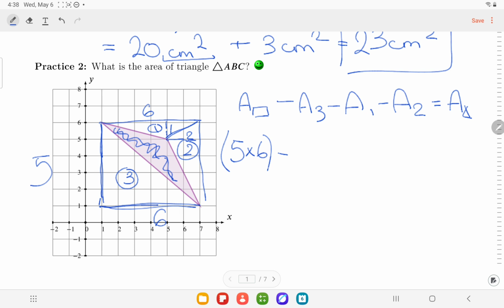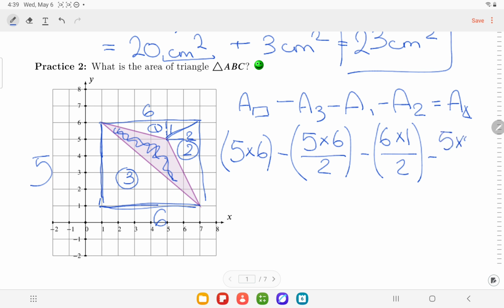And the area of the third triangle is going to be our base times our height over 2. And our area of our first triangle is going to be, once again, base times height over 2. And the second triangle is going to be base times height over 2.